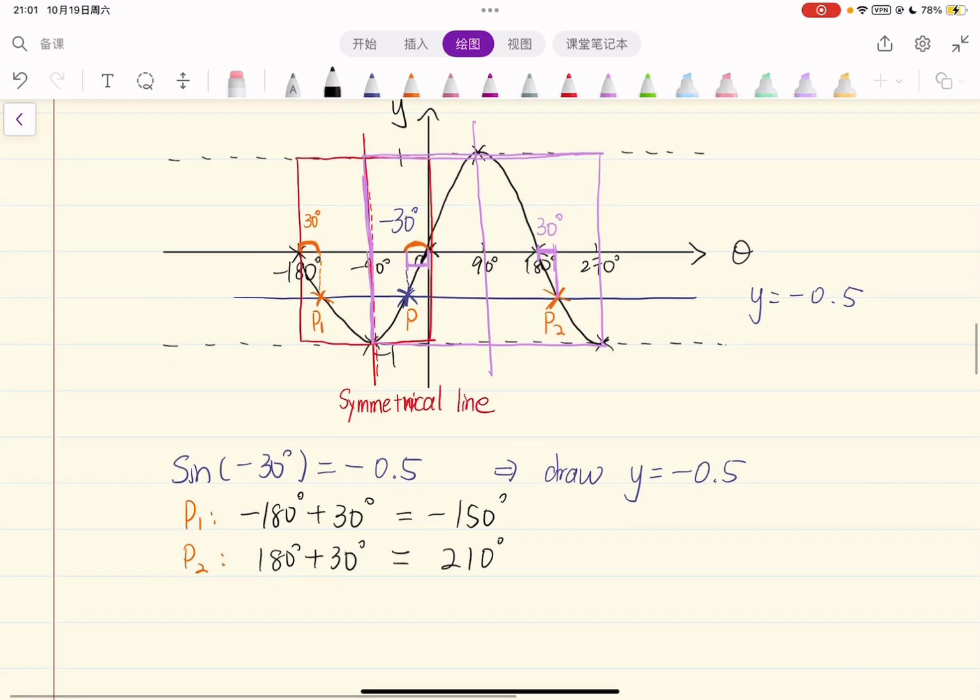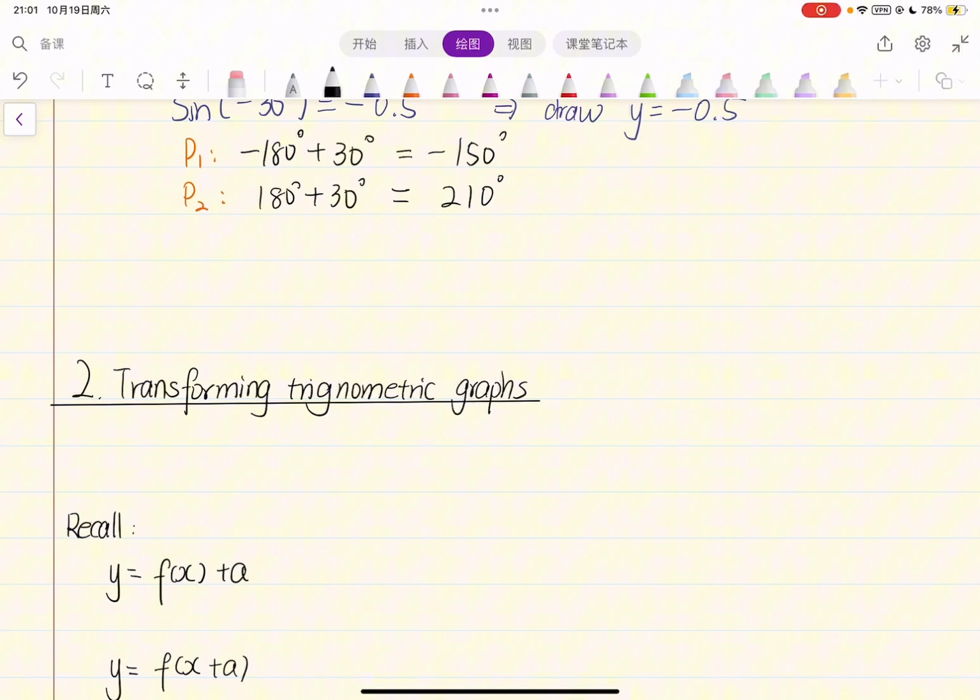Now let's move on. After you know the trigonometric graphs, we can also transform them.